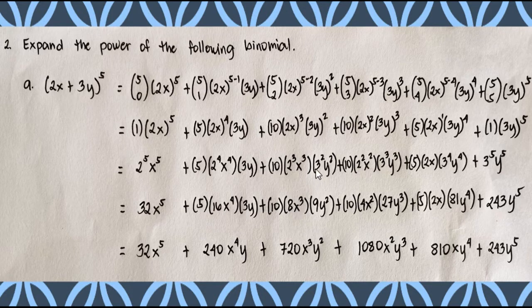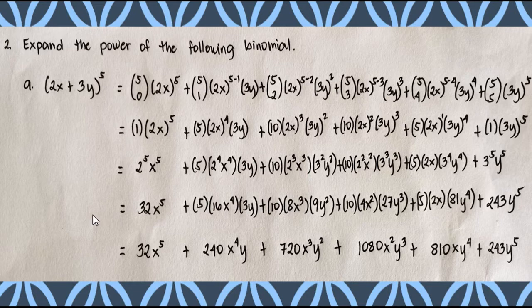X cube. 3 squared is 9. Y squared. Plus 10 times 2 squared is 4, x squared, 3 cube is 27, y cube, plus 5 times 2x times 3 to the power of 4 is 81, y to the power of 4, plus 243 ang 3 to the power of 5, y to the power of 5.